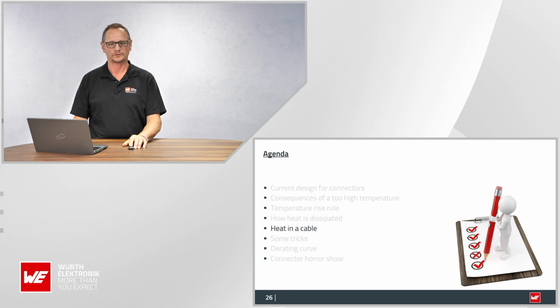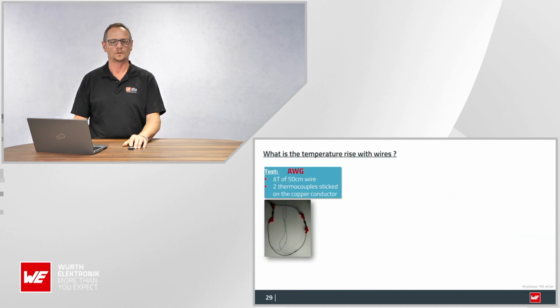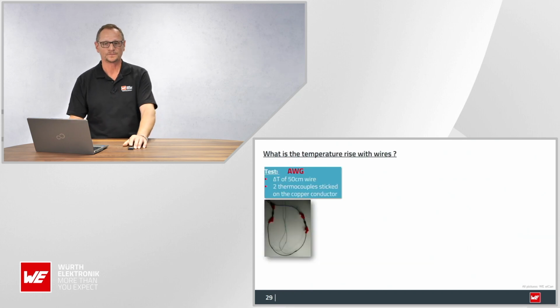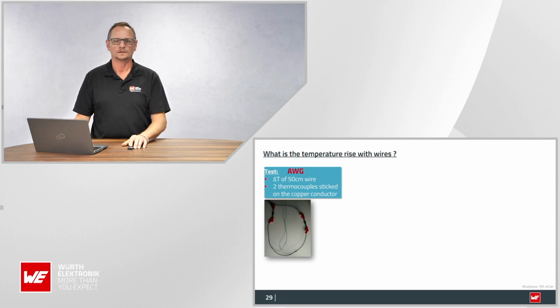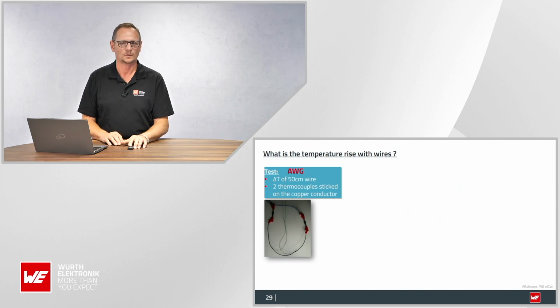I already mentioned it, so we did a test, once again, to understand what the temperature rise is if you have a wire connected. First we tested with AWG cables, following the American wire gauge standards, with cables of 50 centimeters.